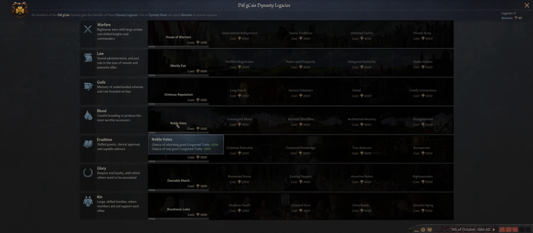If you get nothing else, get the noble veins level 1 perk for blood. I would pretty much recommend this, even if you're interested in all of the other legacies. If you get this, then the chance of inheriting good congenital traits goes up by 30%, which is huge.